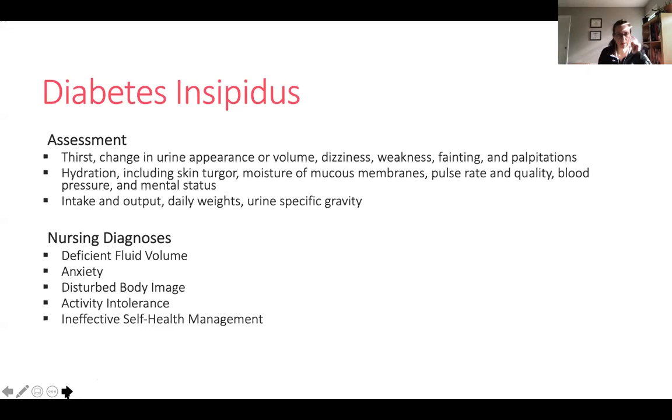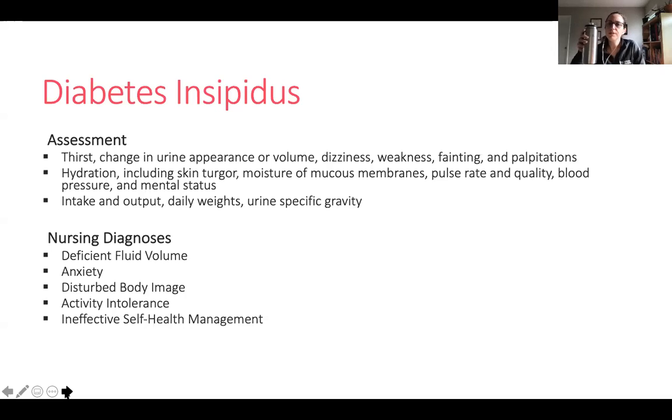So one thing to remember with the neurogenic, there's a problem in the production and secretion of ADH, and then medication is used to treat it. And then the nephrogenic, that is an inherent defect that does not respond to ADH. So giving him medication is not going to work because the kidneys don't respond to ADH.